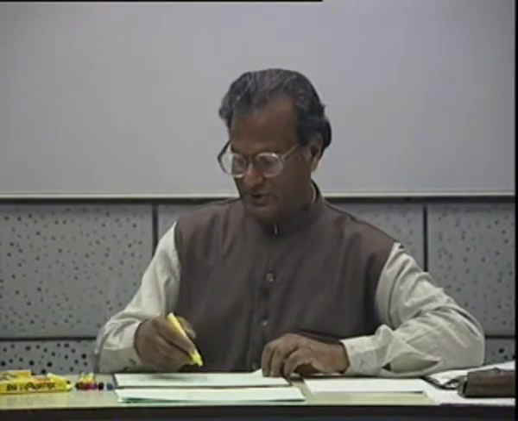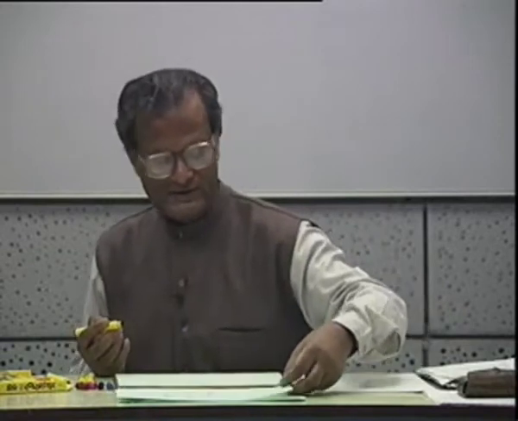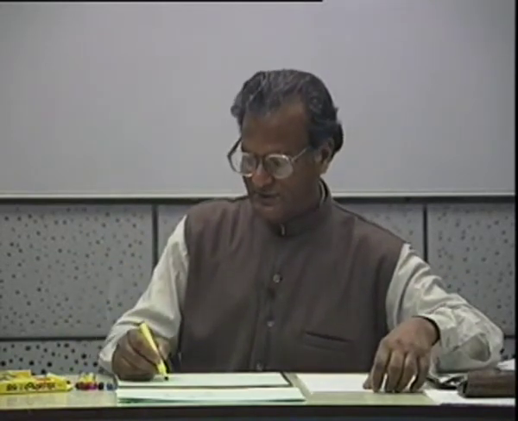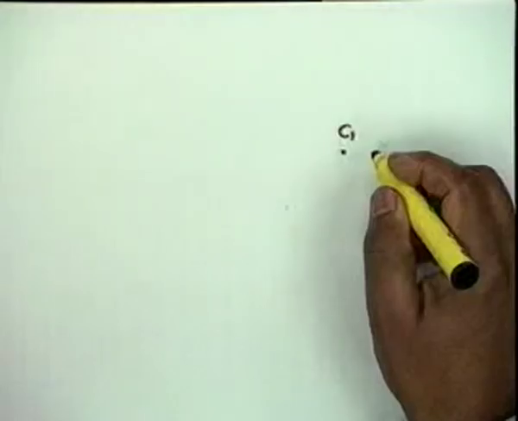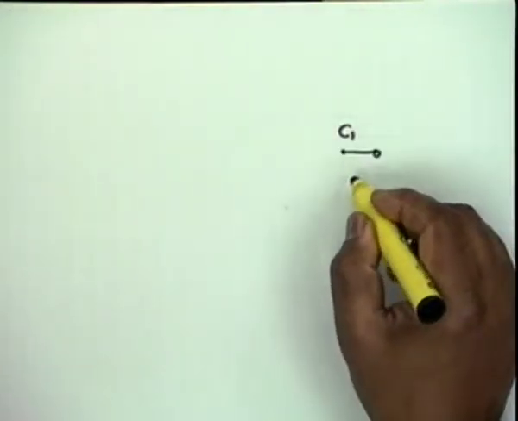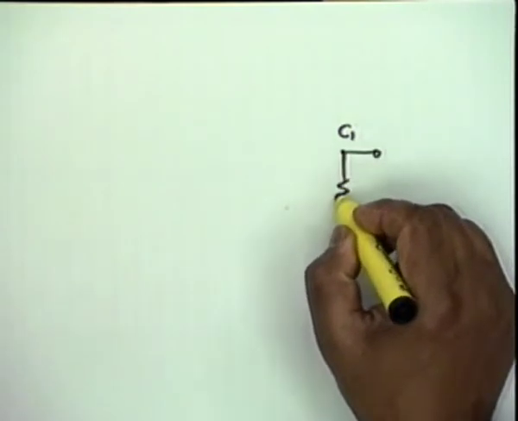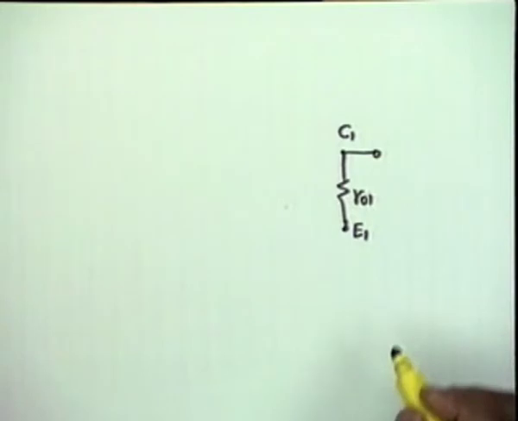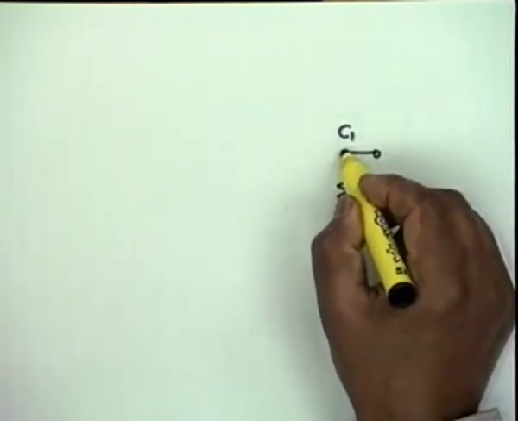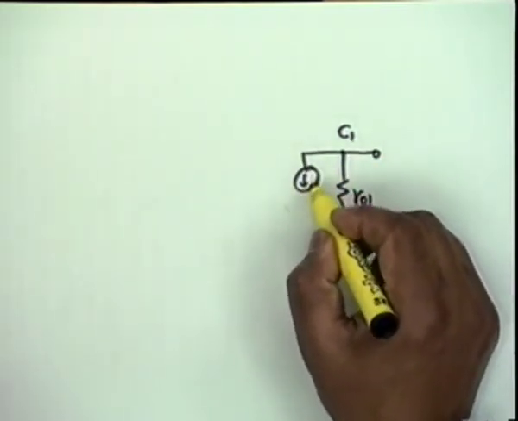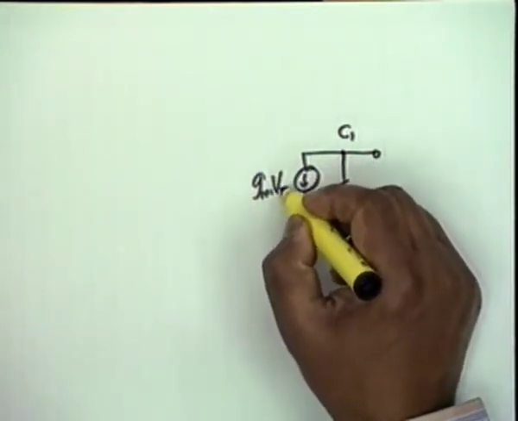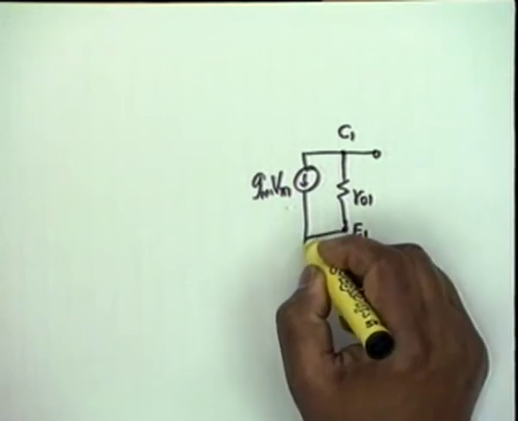Now we want to draw the equivalent circuit and find out REE. This is an interesting exercise. What we do is we start from C1, and from collector 1 we shall have an R01 to the emitter 1, and from collector to emitter a current source GM1 V pi 1, alright.